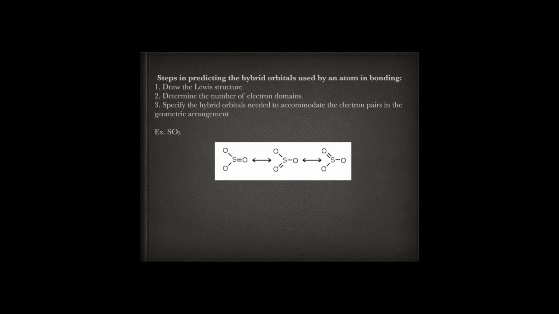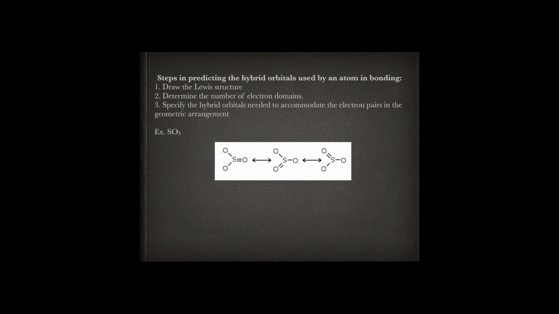Then, based on the number of electron domains, you need to specify the hybrid orbitals needed in order to accommodate those electron domains. In this case, since you have 3 electron domains, the hybrid orbital would be sp2, because that takes care of the 3 electron domains.